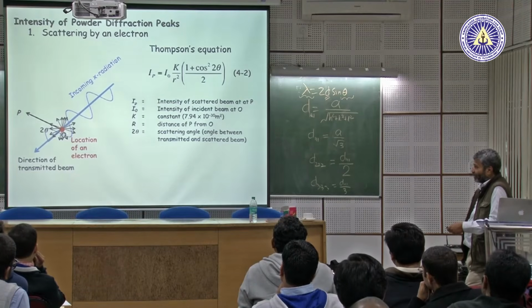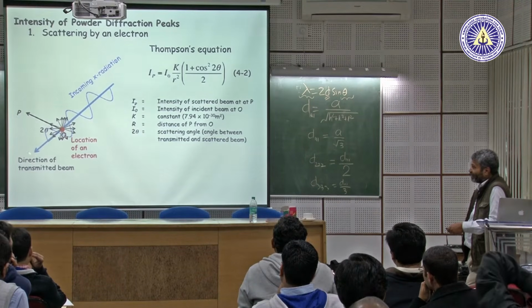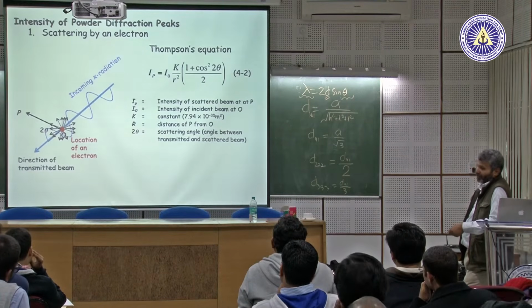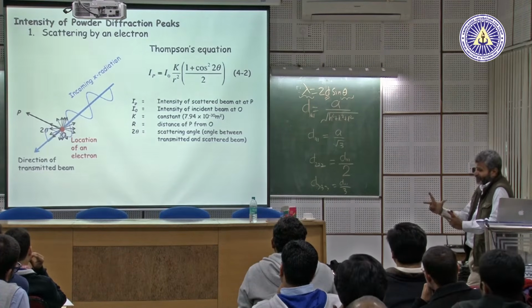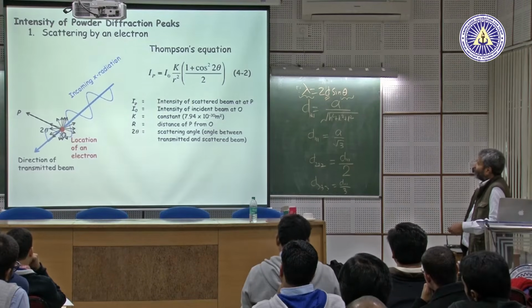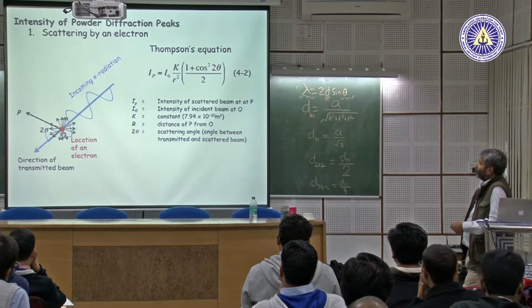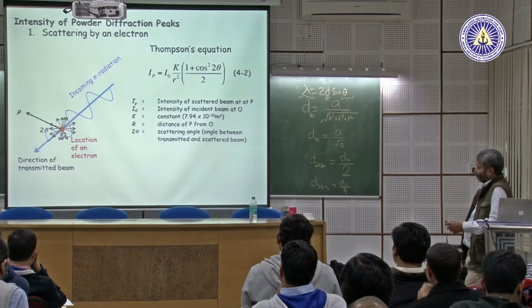So, although a single electron is scattering in all possible directions, the scattered intensity is not the same in all directions. The scattered intensity does not form a spherical symmetry; it is different in different directions, and that is coming from the scattering angle 2 theta in the formula.